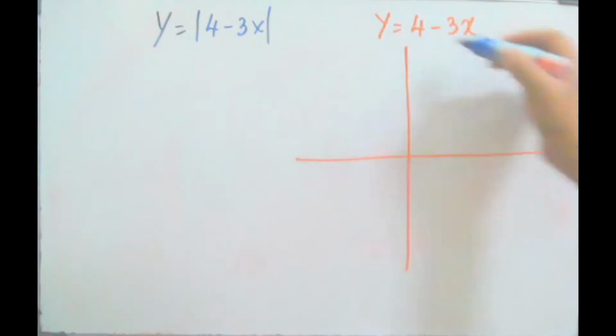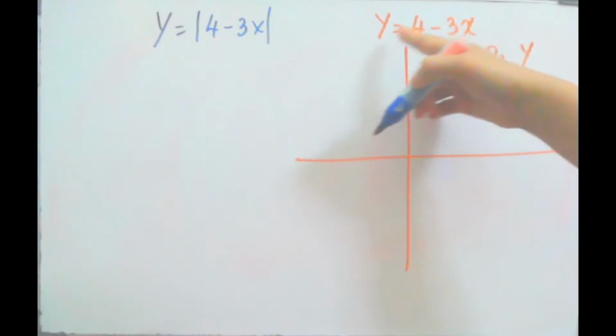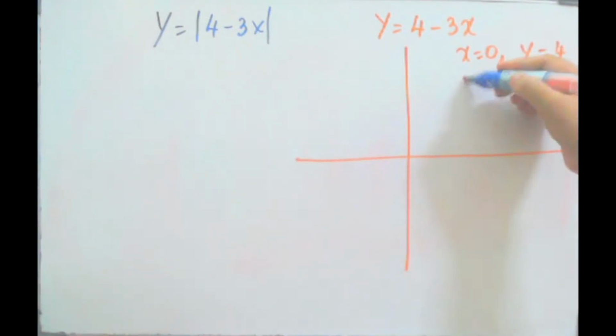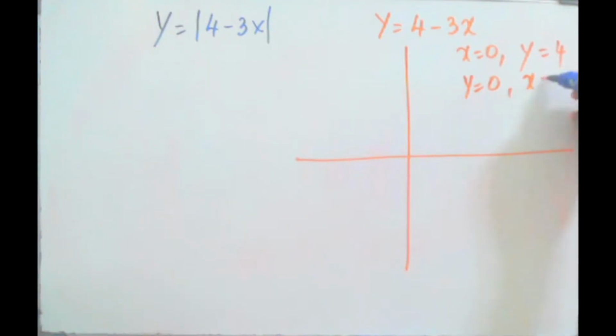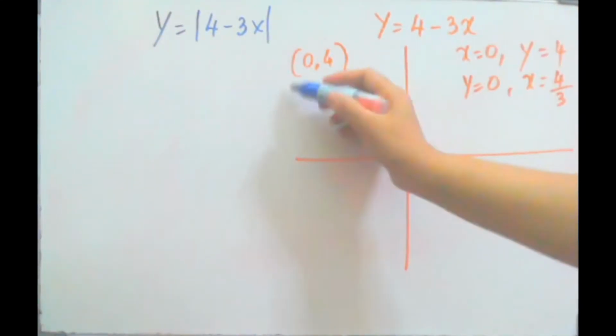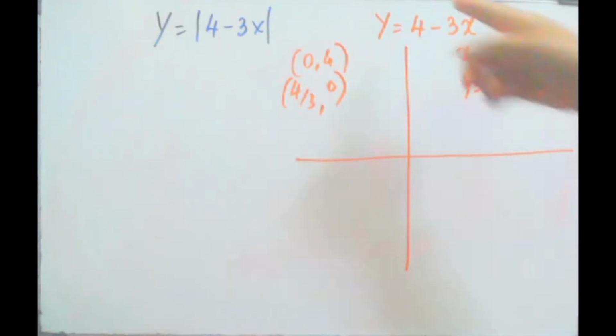When x is 0, what do I get for y? It is y equal to 4 minus 0, I get y equal to 4. And when y is 0, equate this to 0, you get x equal to 4 over 3. So these are the 2 coordinate points, that is (0, 4) and (4 over 3, 0). These are the 2 points on this line.